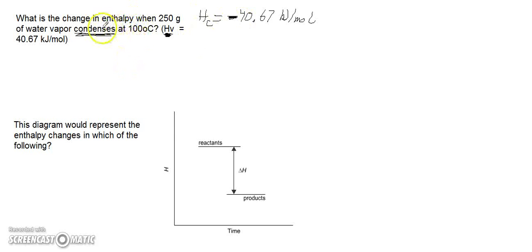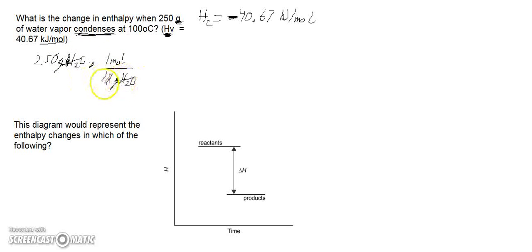Now the first step to this, notice this is in kilojoules per mole and we're given something in grams. Whenever that happens, I think most of you realize we need to convert from grams to moles. So we have 250 grams of H2O times 1 mole of H2O equals 18 grams of H2O.